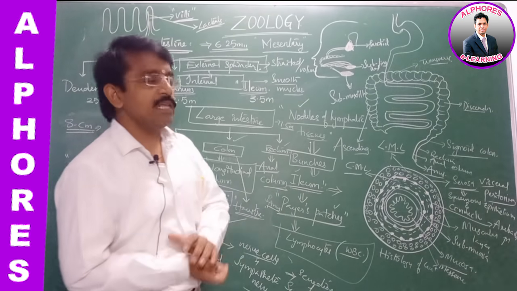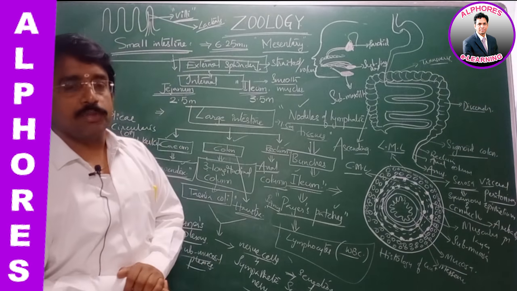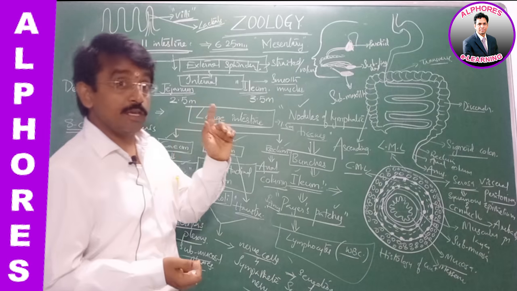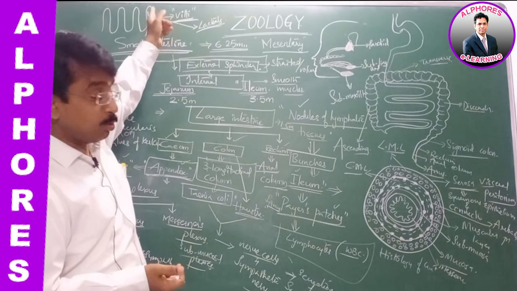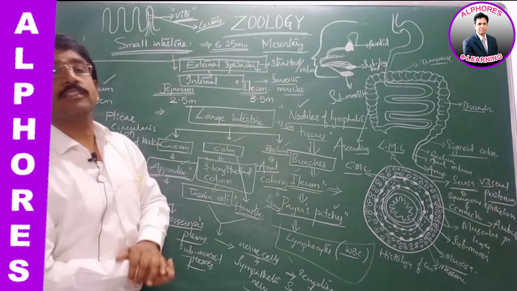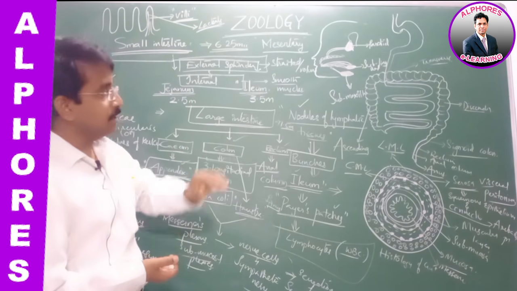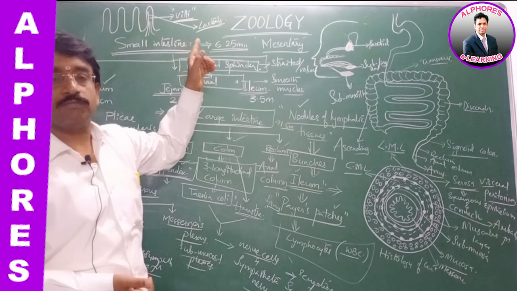And the columnar epithelium forms the villi, and also forms the intestinal glands in the intestine and gastric glands in the stomach.